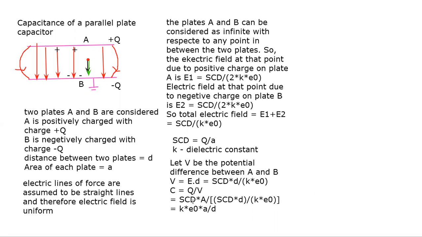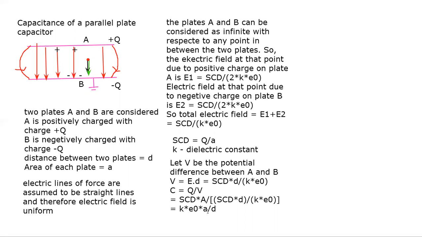So SCD into small a divided by the value of V. The V value we have got is SCD into D divided by K into epsilon 0. Now, if we solve this, you get the final result for capacitance. It is equal to K into epsilon 0 into a divided by D.